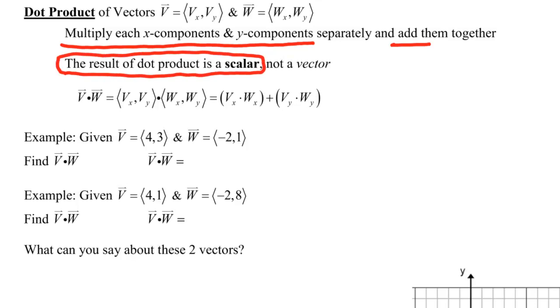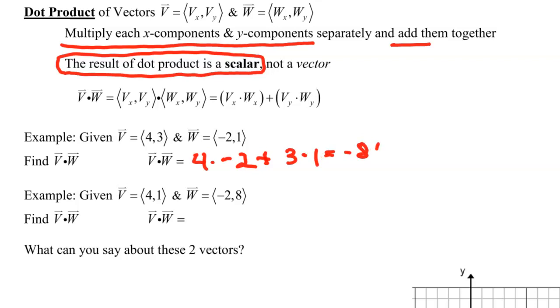So if I do vector v dot vector w, I'm just multiplying the x components of v and w plus multiplying the y components. As an example, vector v is 4, 3, vector w is negative 2, 1, and I would do 4 times negative 2 plus 3 times 1.